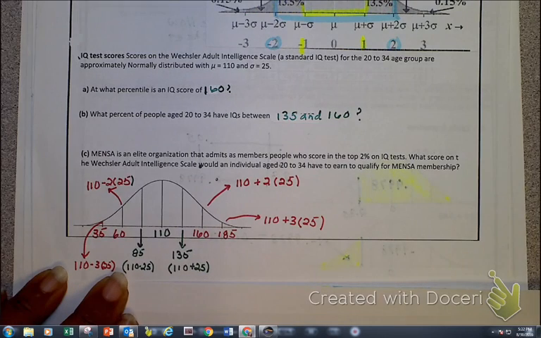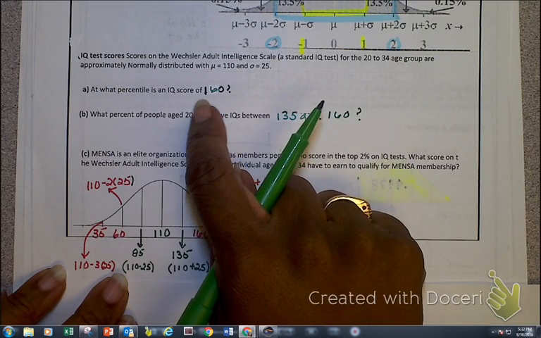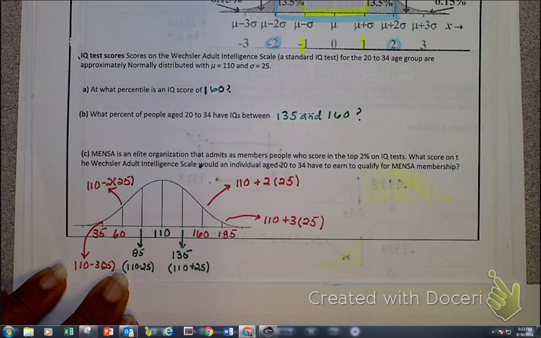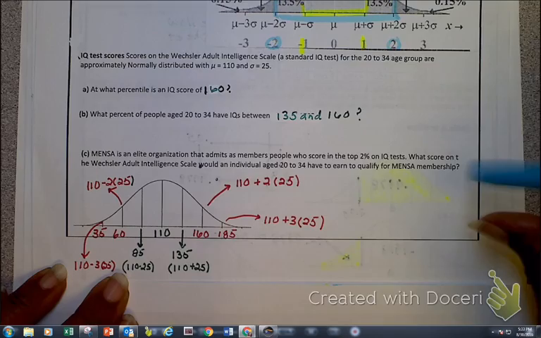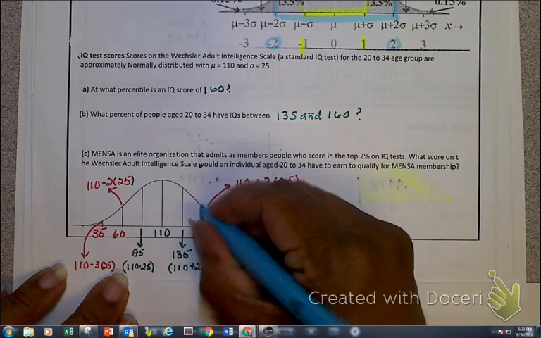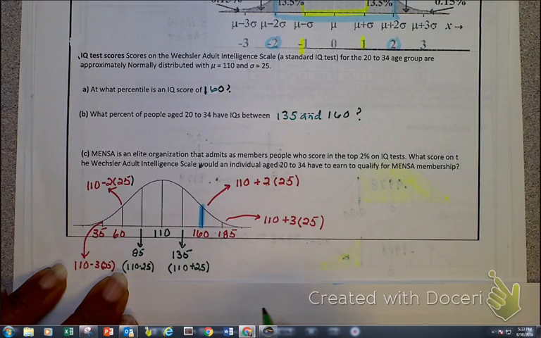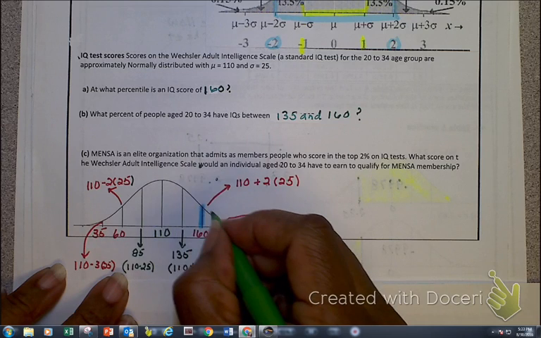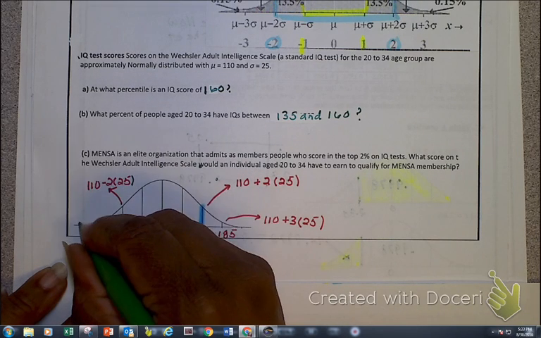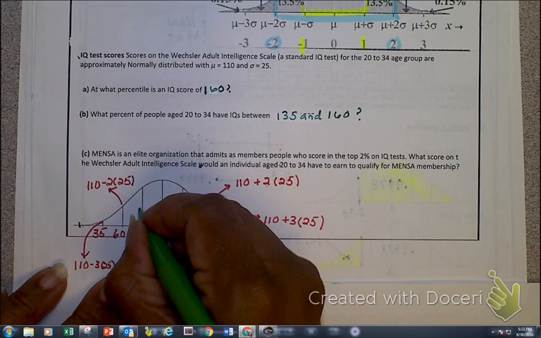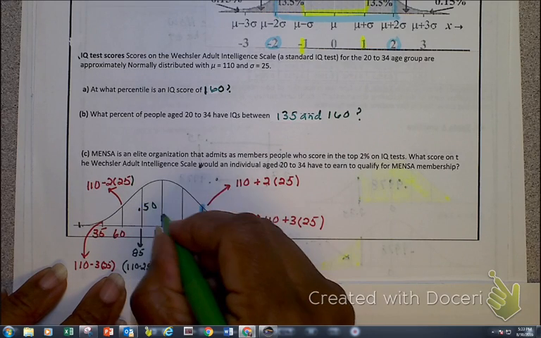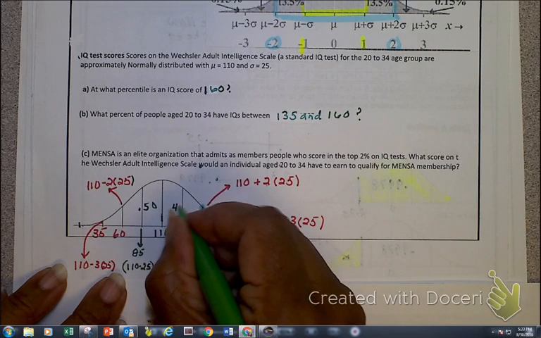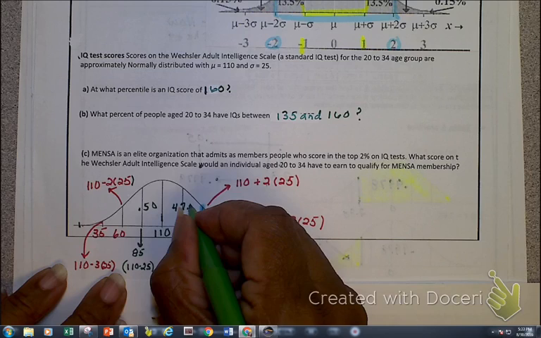So now when I'm asking you what is the percentile of the 160? The 160 is going to be right here. From this tail to this point is 50%, and from here to here is half of 95%, so that's 47.5.